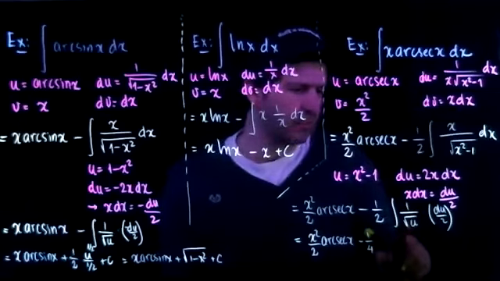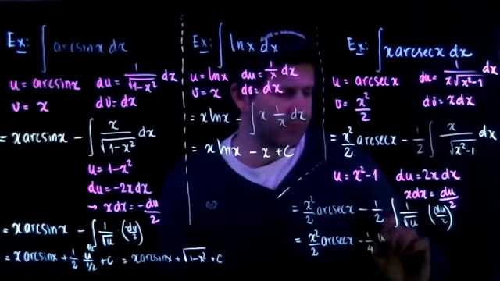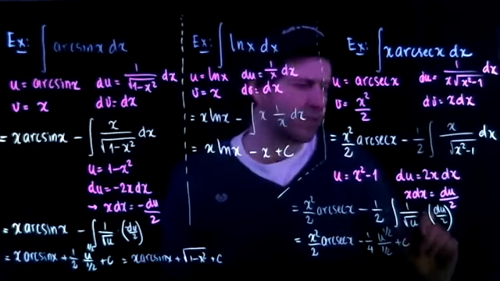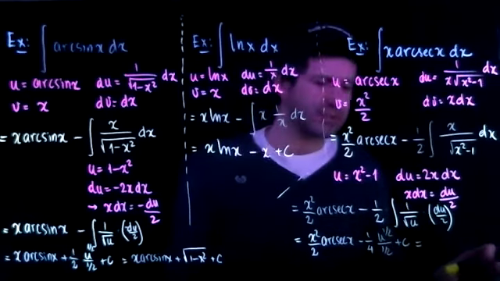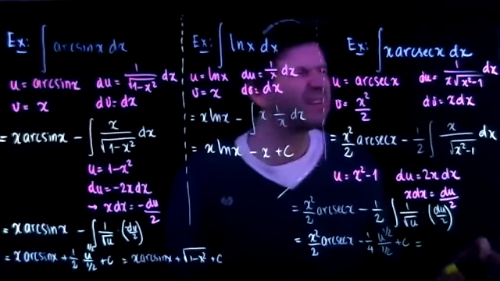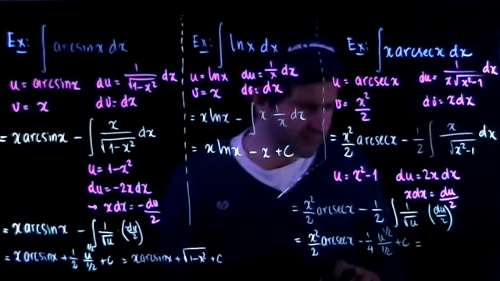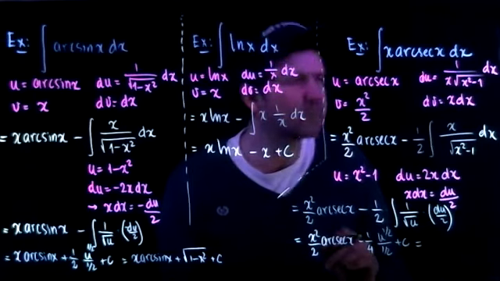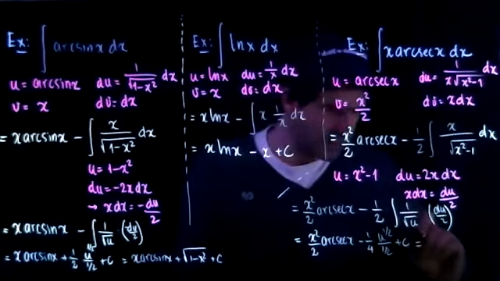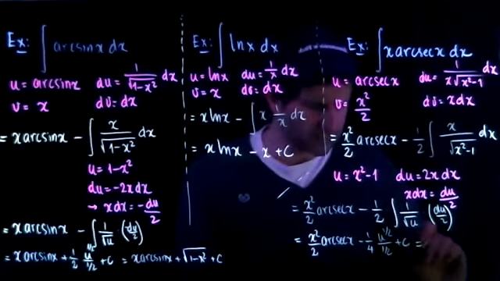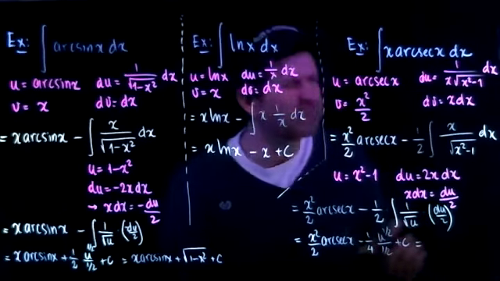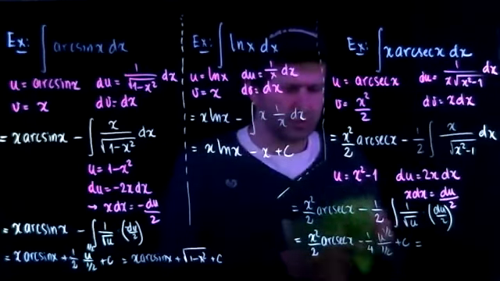And the integral of u to the negative 1/2 is u to the power 1/2 over 1/2 plus c. And then I just replace, I hope I can fit it. Algebra just below.